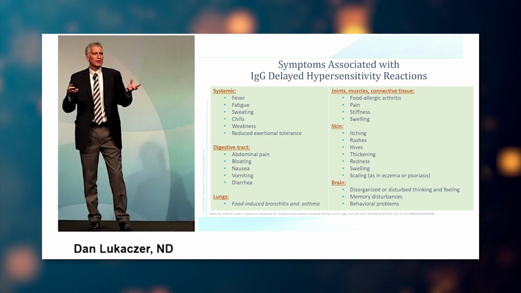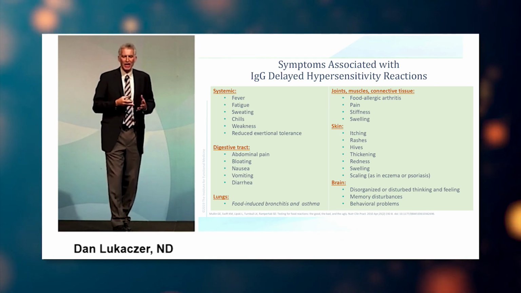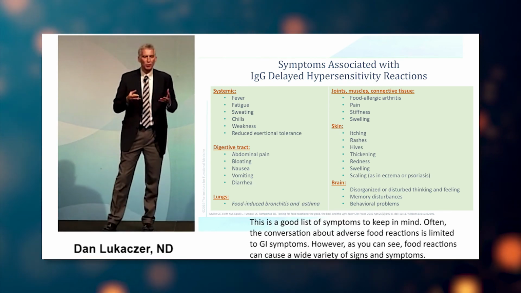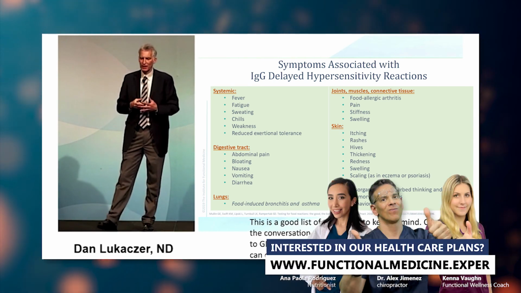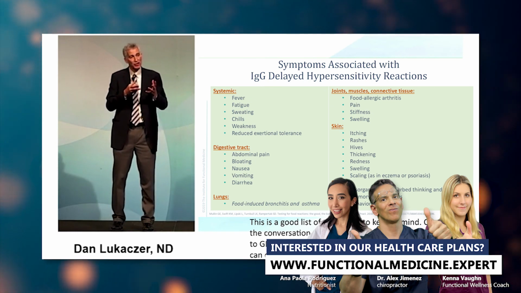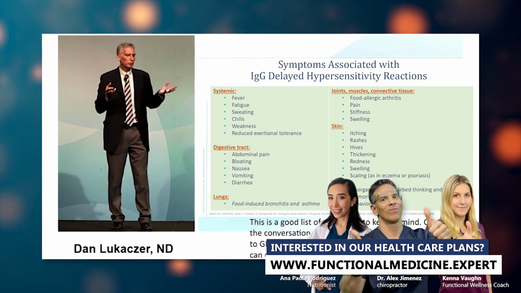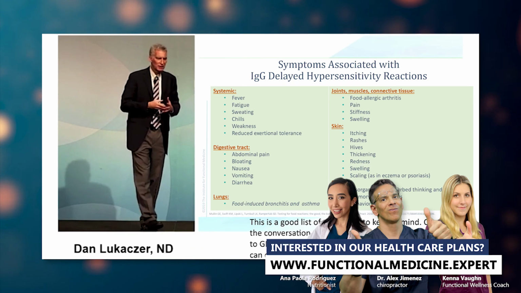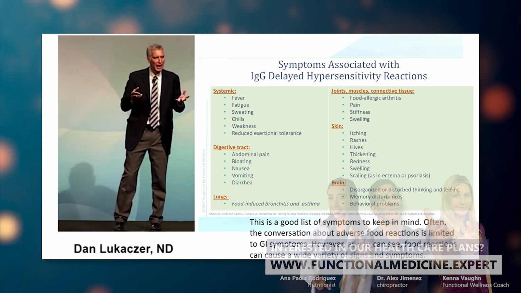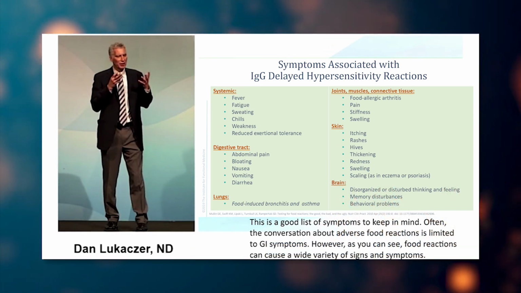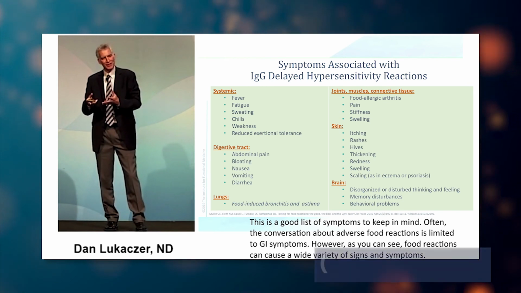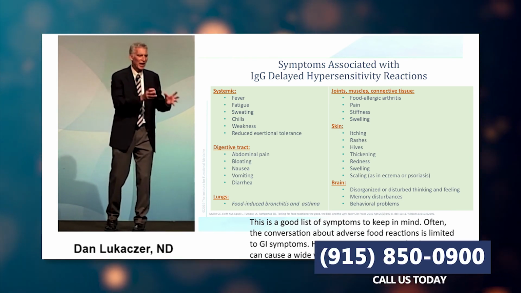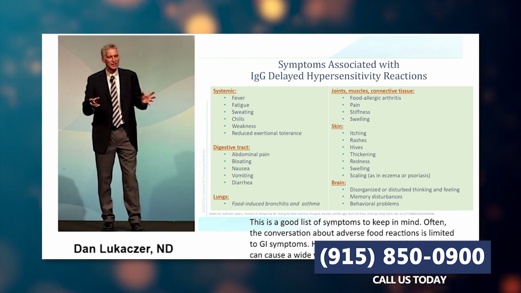So what kinds of symptoms are associated with IgG hypersensitivity? Well, there are many, they're varied, and IgG reactions are really all over the place physiologically, as you can see here. So the old adage of what goes on in Las Vegas stays in Las Vegas, that's the opposite. What goes on in the gut doesn't necessarily stay in the gut.